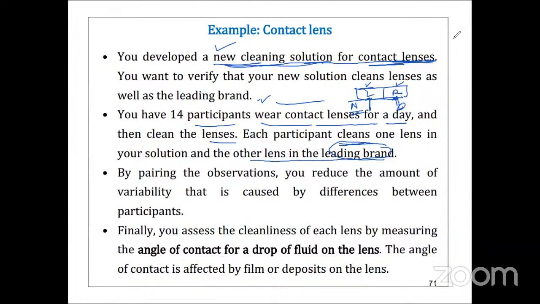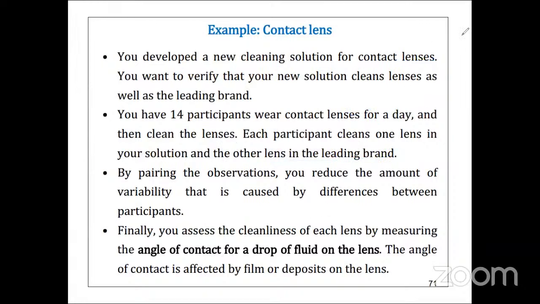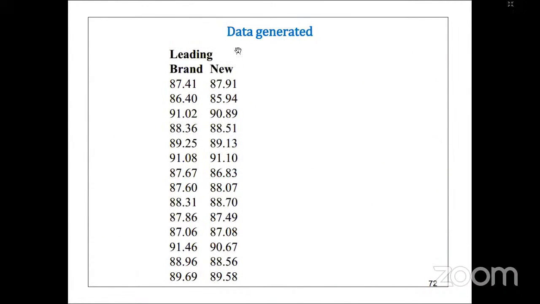So many things are there, but I just wanted to highlight the situation. So these are the leading brand contact lens cleanliness and new brand contact lens cleanliness. These records are there, and then your interest is whether your new solution is equally effective as the old leading brand solution. That is your objective.